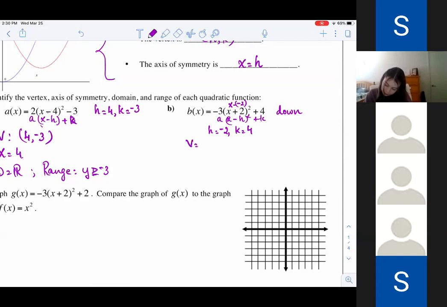So the vertex is negative 2, 4. Axis of symmetry is x is equal to negative 2. Domain is all real numbers.